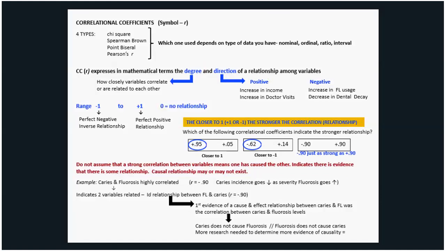They may ask you which of the following indicates the strongest relationship between two variables, and they have things like 0.05, negative 0.62, and one or two of the answers may be 1.6 or 2.3. If it is greater than positive 1 or less than negative 1, right away you can eliminate those answers. We have to remember that correlational coefficients will always fall within that range of -1 to +1.